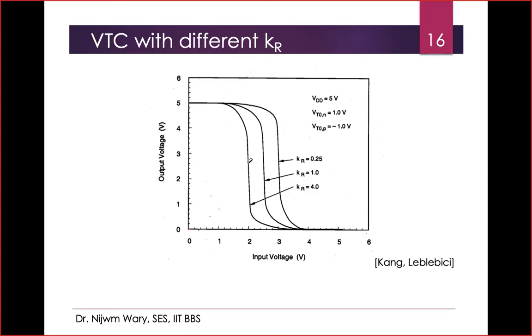This is the reason to understand why this curve is shifting to this side. Because if my W by L ratio is higher, then for a smaller VGS I can get the same current as the PMOS device, right?